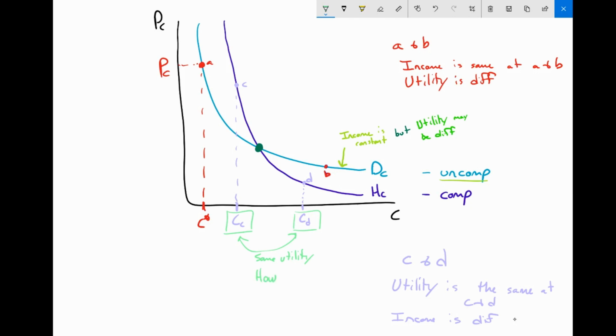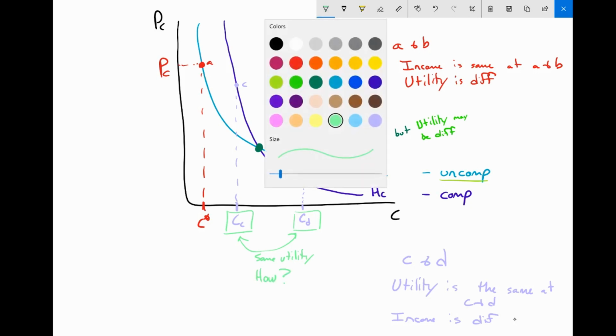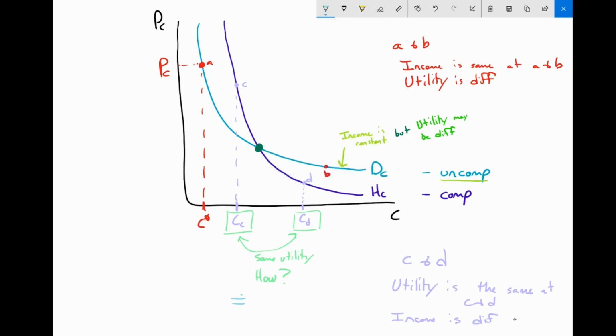How could that be? Well, because when we're using the compensated demand, income changes. That means that at point C, income must be higher.